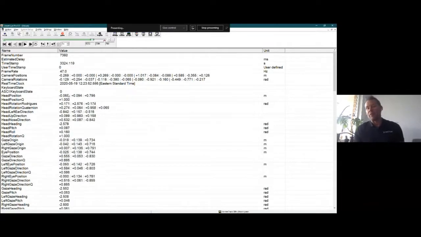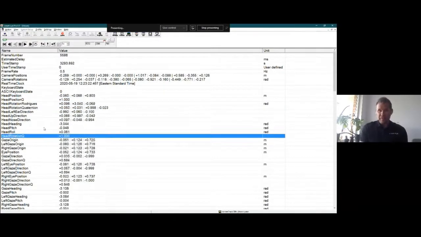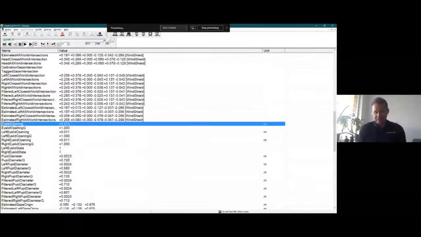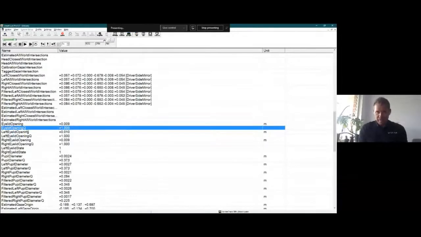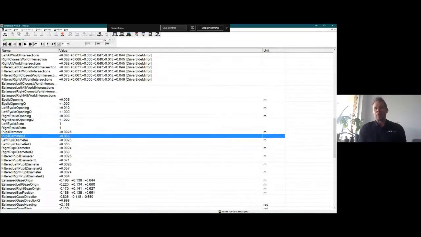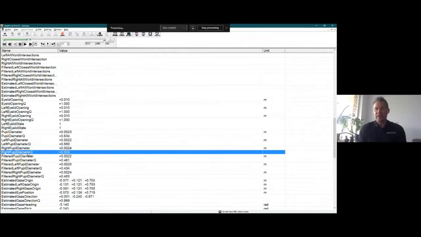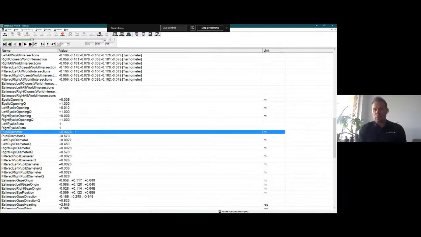Just to touch on some of the more advanced data fields, you'll find very complete data with head position and rotation. We pump out 6 degrees of freedom with the head. Eyelid opening for drowsiness type studies. And finally, with pupillometry, which is really important for psychological or neuro studies, drowsiness, and used widely in cognitive workload studies.